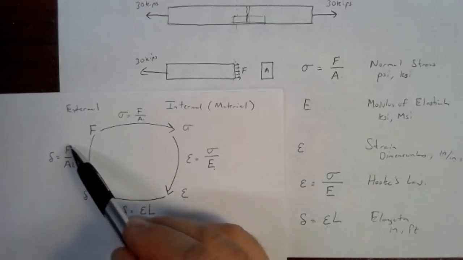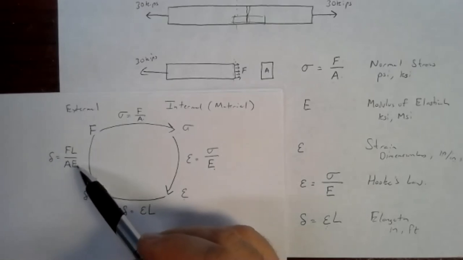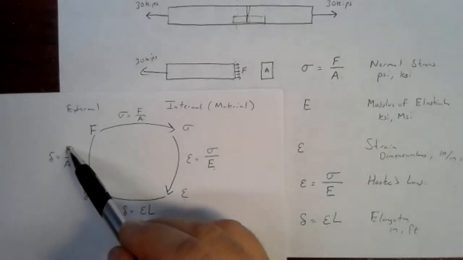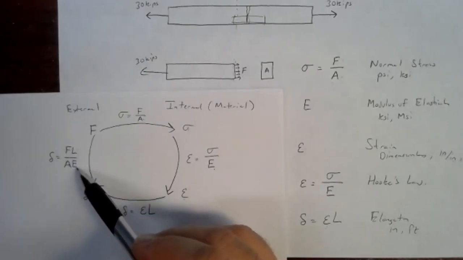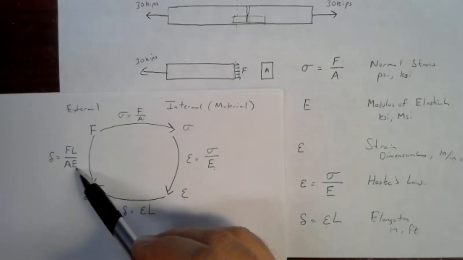Now, this is nice as far as doing a quick calculation goes. You do have to be careful about units. Force is typically in either pounds or kips. You've got to have your modulus in corresponding units. So if you have kips up here, you've got to use KSI down here.